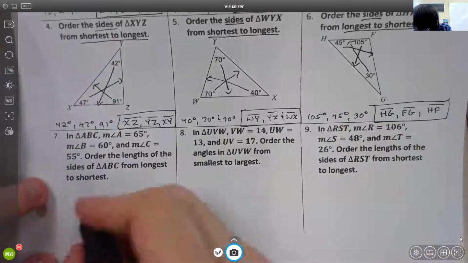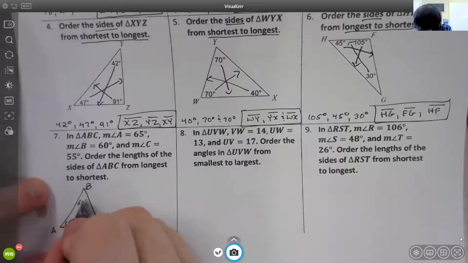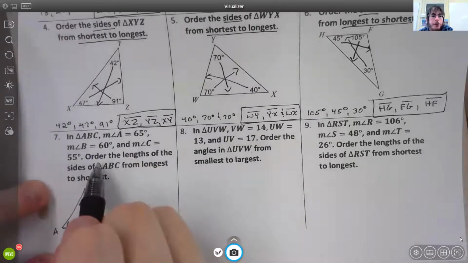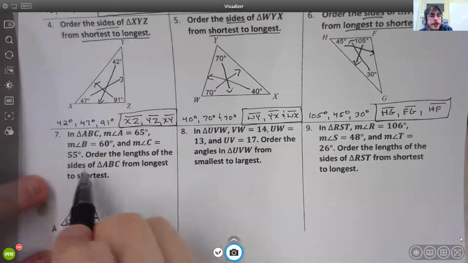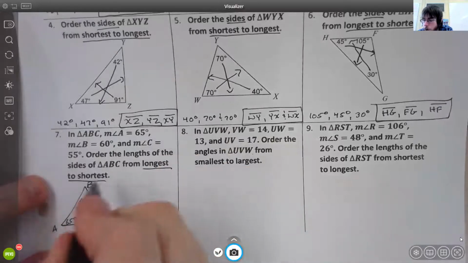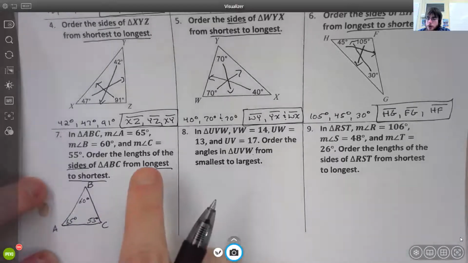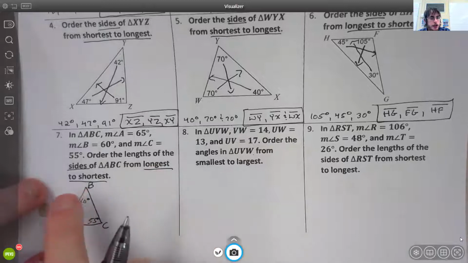Immediately what I would do is draw a triangle and label it ABC, and then label your angle measures, 65, 60, and 55. Okay. Then what it wants us to do is order the lengths of the sides of triangle ABC from longest to shortest.